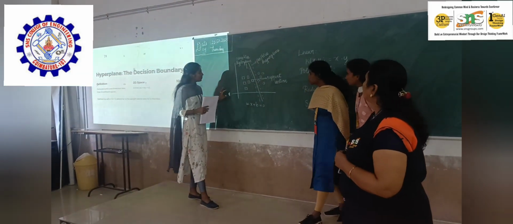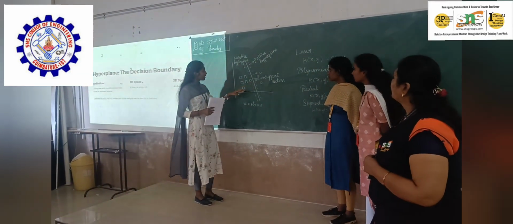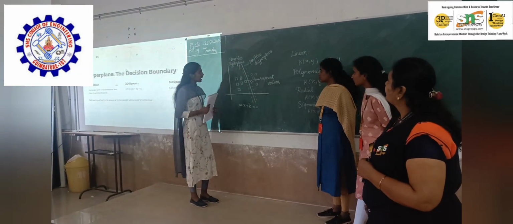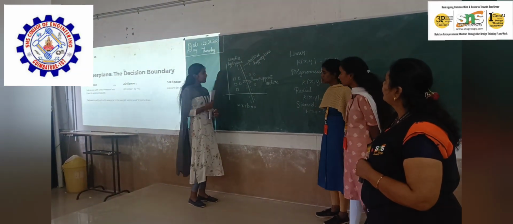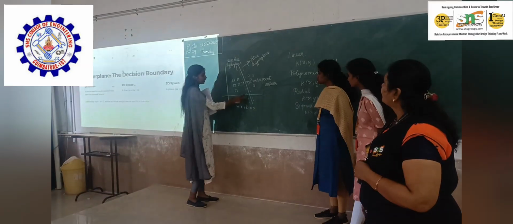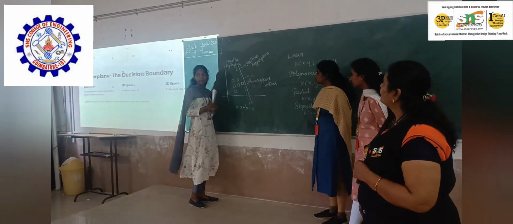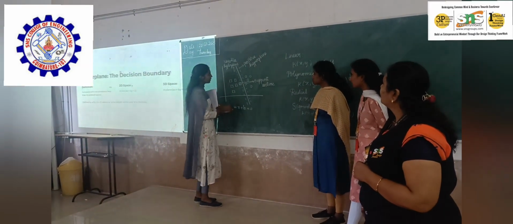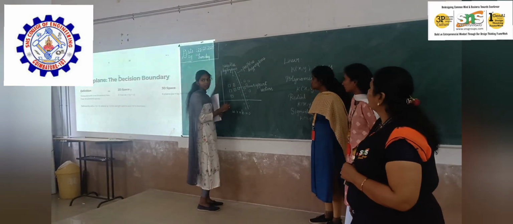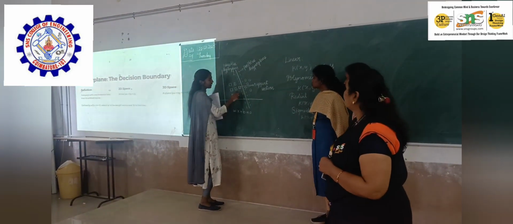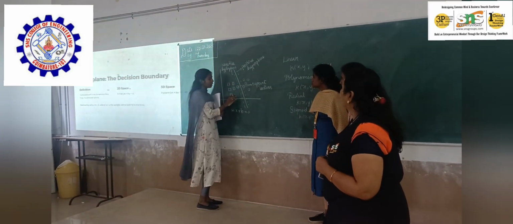So this is the hyperplane. Here we have two classes. This is class 1 and this is class 2. So we have to find the best plane. These lines can be drawn in multiple ways, but to find the best way we have to see the nearest, which vector is very closer.